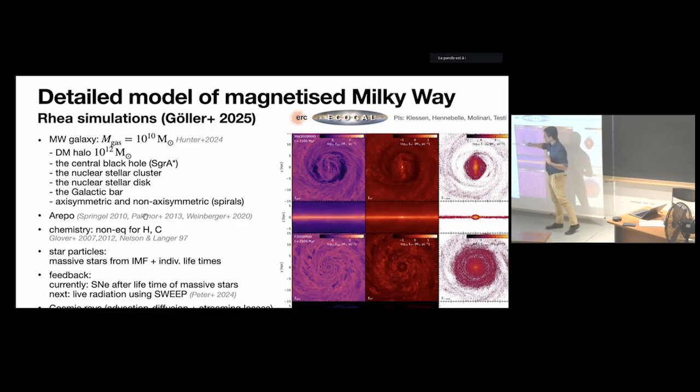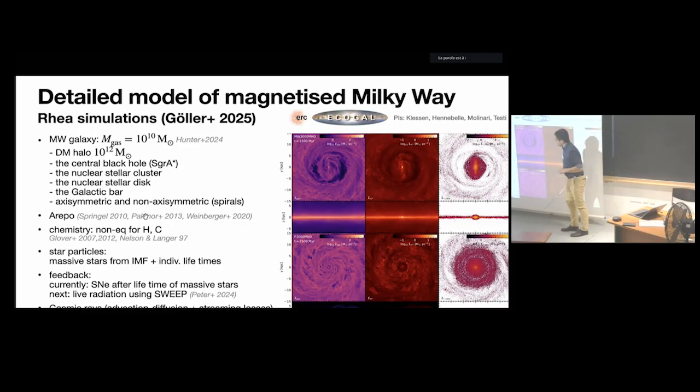So very important is that the galaxy evolves in an environment that has the critical parts of the Milky Way. This is in particular, of course, the correct mass, but then also the individual components that change the potential of the galaxy. In particular, the galactic bar and spirals are an important component that we would like to include.